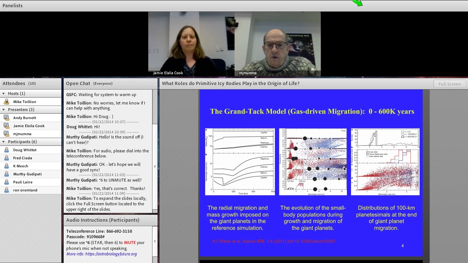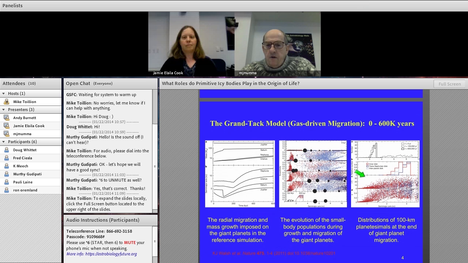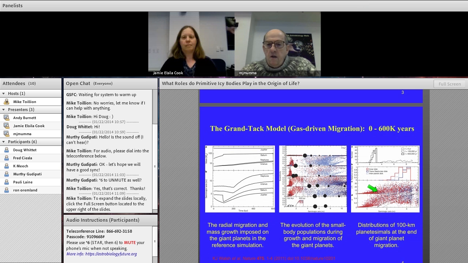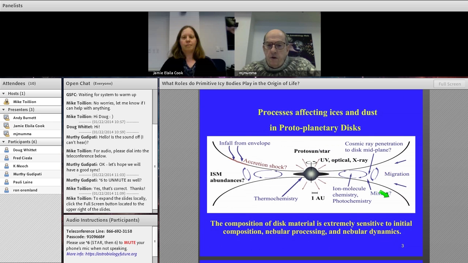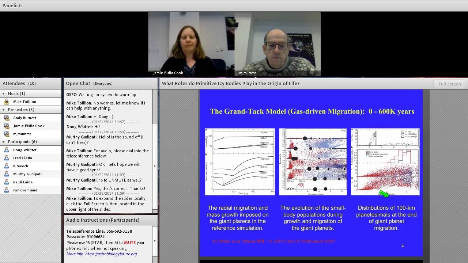This process, when Jupiter actually migrated inwards and then out again, left this material scattered around in the region of 1 to 3 AU. And so it mixed the dry planetesimals outwards and the icy ones inward.